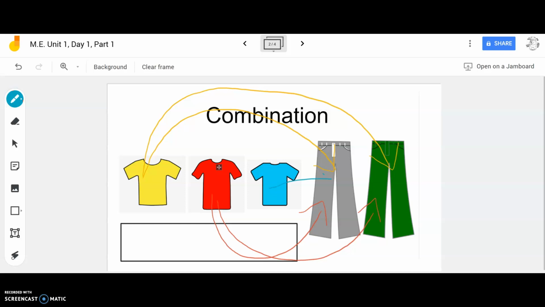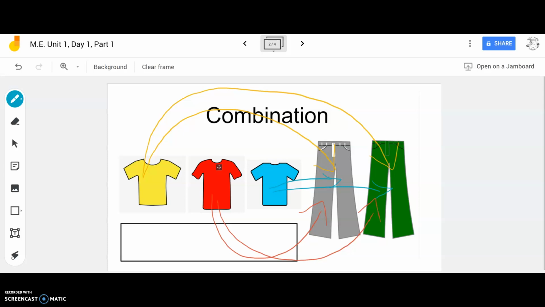I could wear my blue shirt with my gray pants or my blue shirt with my green pants. I've used up all my options. My 3 shirts, I've matched with my 2 pairs of pants. And if I count my arrows, I can make 1, 2, 3, 4, 5, 6 outfits or 6 combinations.